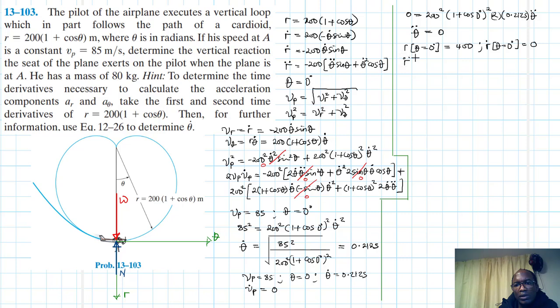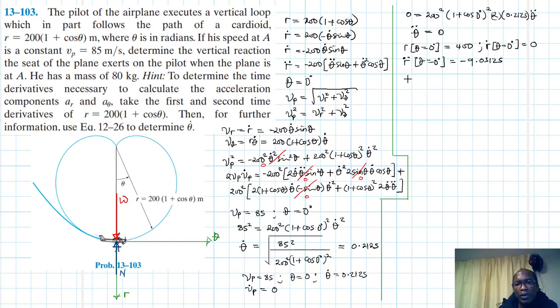And then this, at theta equal to 0, is just equal to minus 200 times 0.2125 squared cos 0. And this gives us a minus 9.0325. Okay, 0.2125 squared, cos 0, which is just 1, times a minus 200.